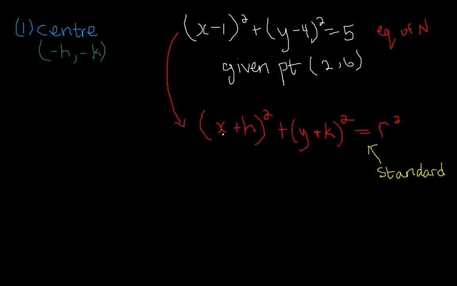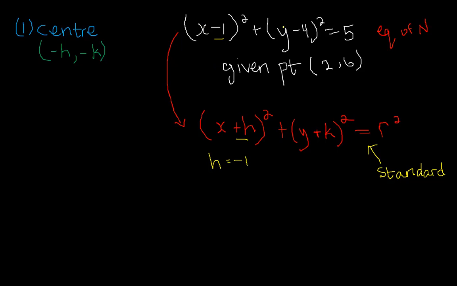The standard form says (x plus h) squared. That's the first thing it says. And up here we have (x minus 1) squared. So that means that plus h has to be minus 1 in this case. We know that plus h is the same as h, so I could say h is equal to minus 1.